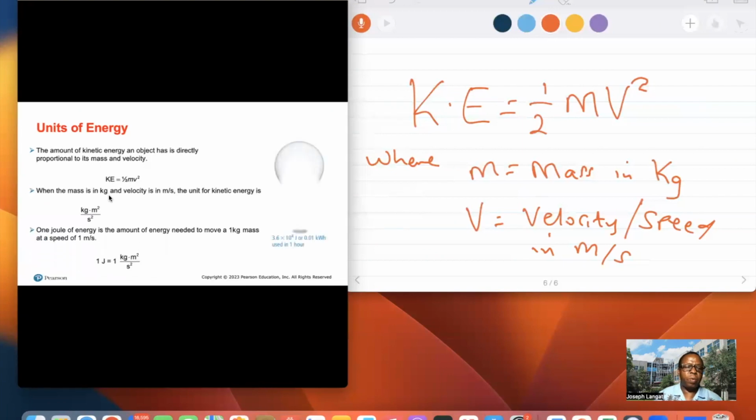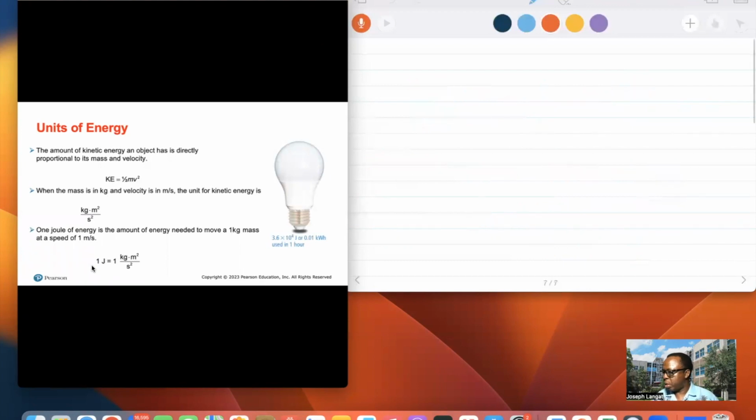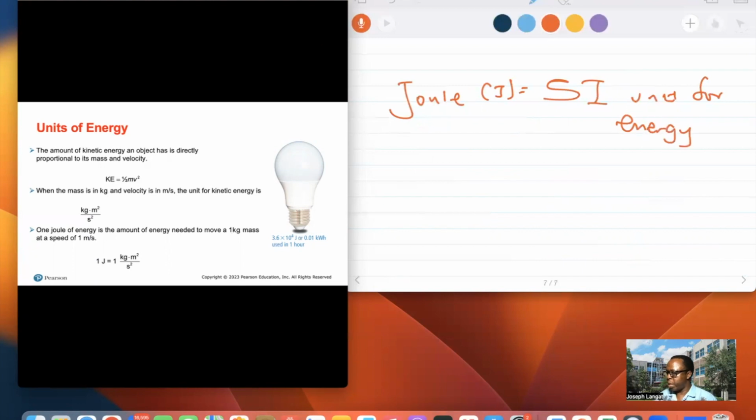And it turns out that 1 joule, which is the SI unit, all right, J for joules here, this is the System International SI unit for expressing energy.